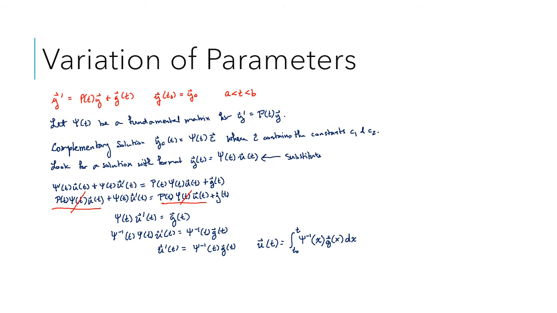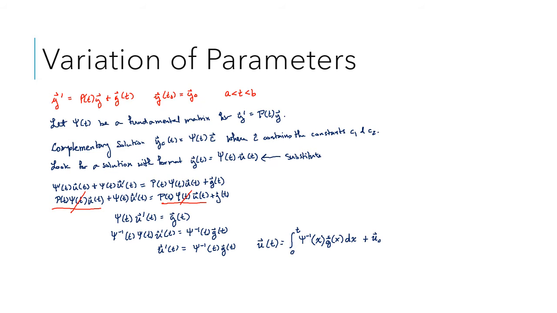Now we've got our little u in here. If we want to, we could say that we really want this to start at 0. So if we integrate all the way from 0 to t in here, we can even add on our little u naught, like so.